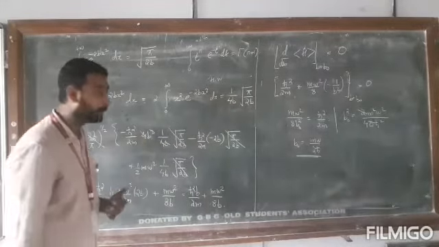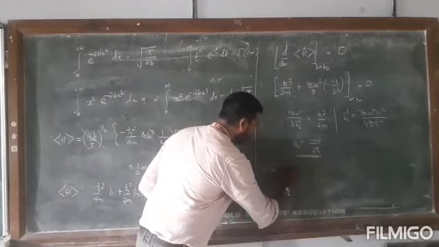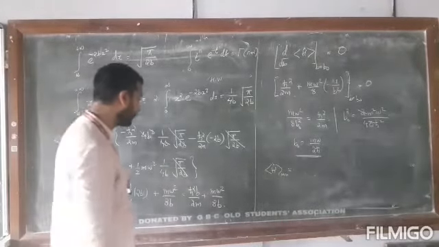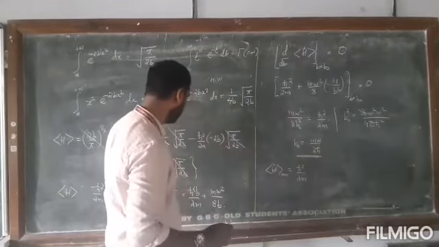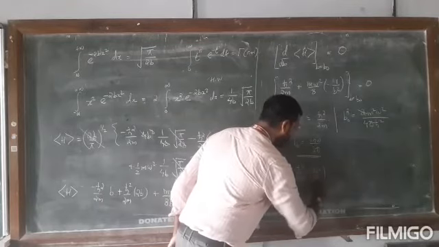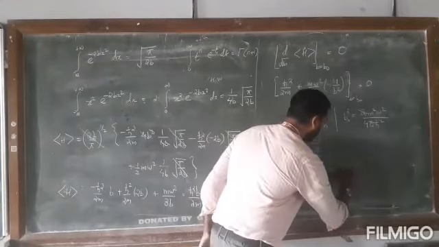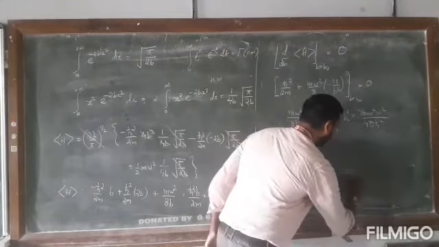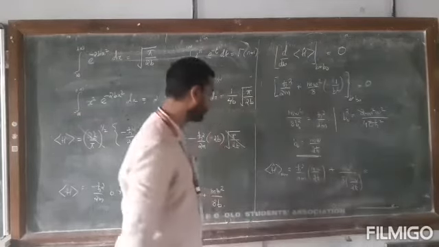Then what would be the minimum Hamiltonian? H minimum: just put the value of b0 here. That would be ħ²/2m times mω/2ħ.